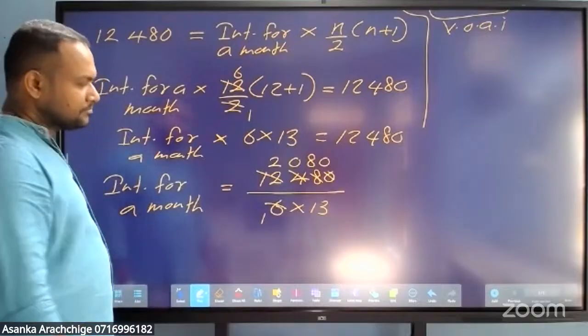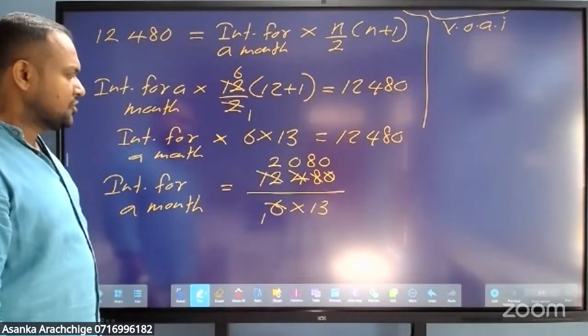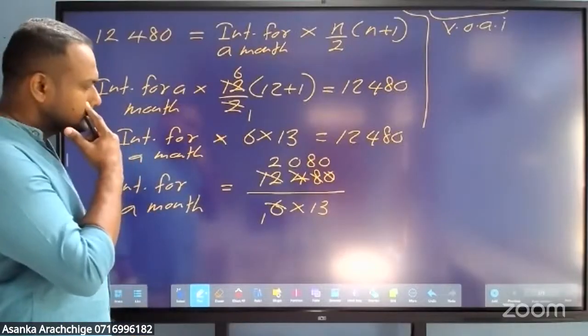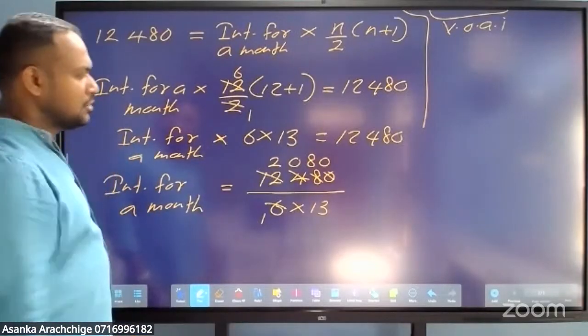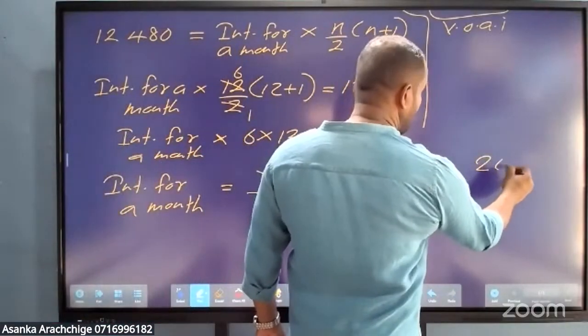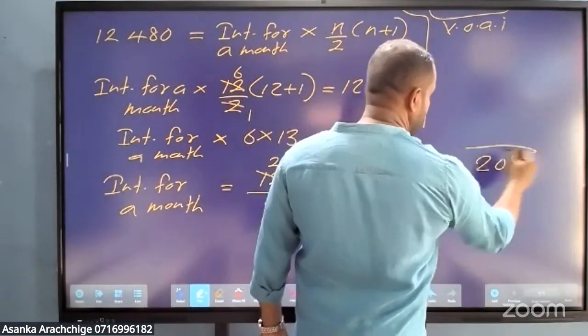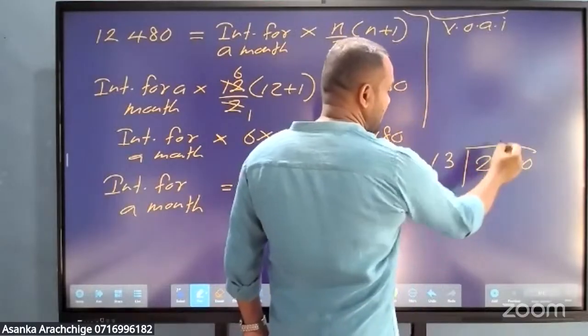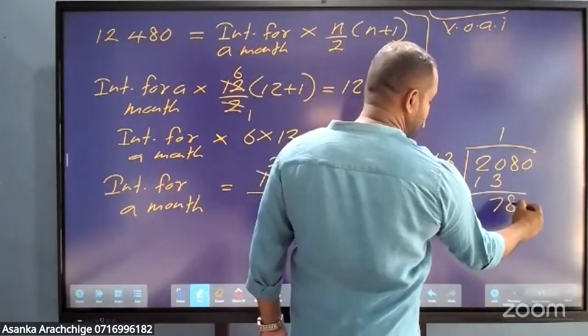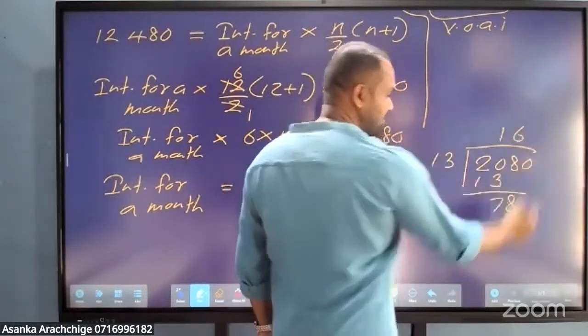Then, now we have to check whether this is divisible by 13 or not. 2080 by 13, not 200. 13 times 1, 13. And 7 remaining, 78, 13 times 6, no?